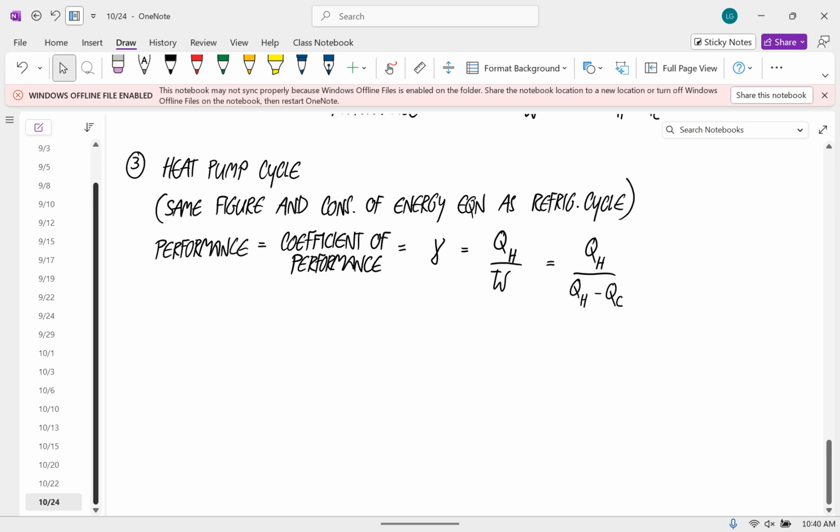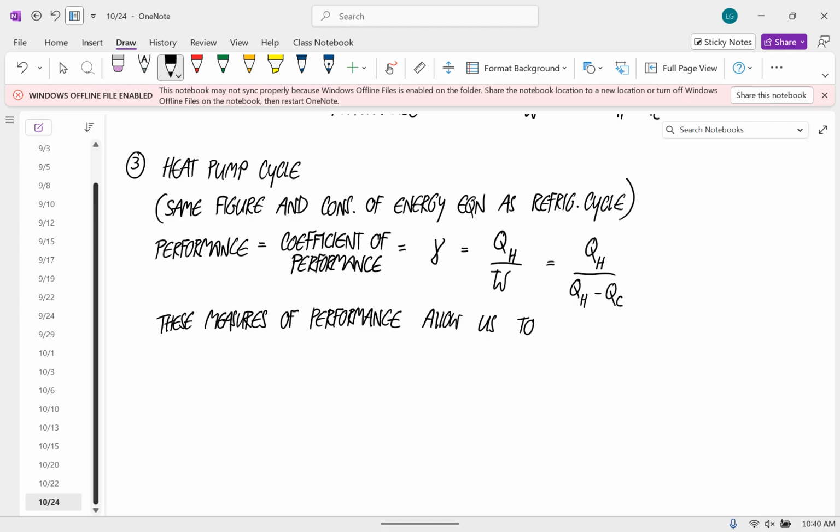So what are the benefits of these measures of performance? They allow us to put, let's say, stricter limits on thermodynamic cycles.